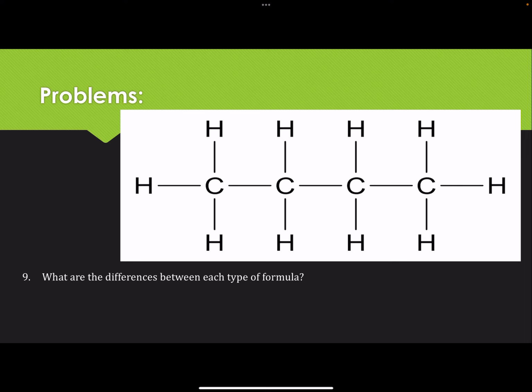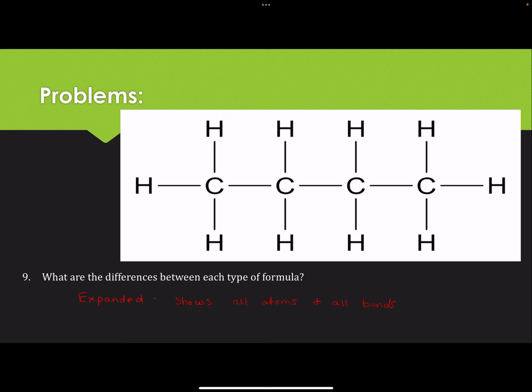So we want to talk about the differences between each type of formula. So here in this image, we've got an expanded structural formula. If we notice here, it shows all atoms and all bonds.